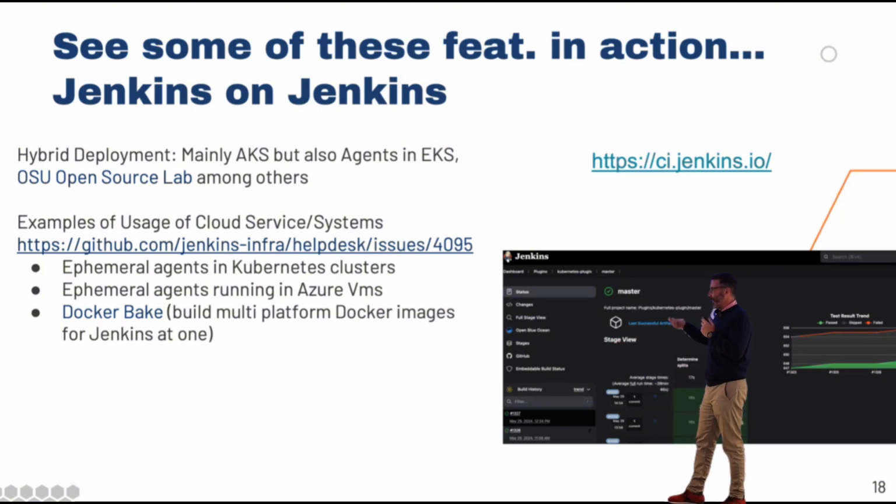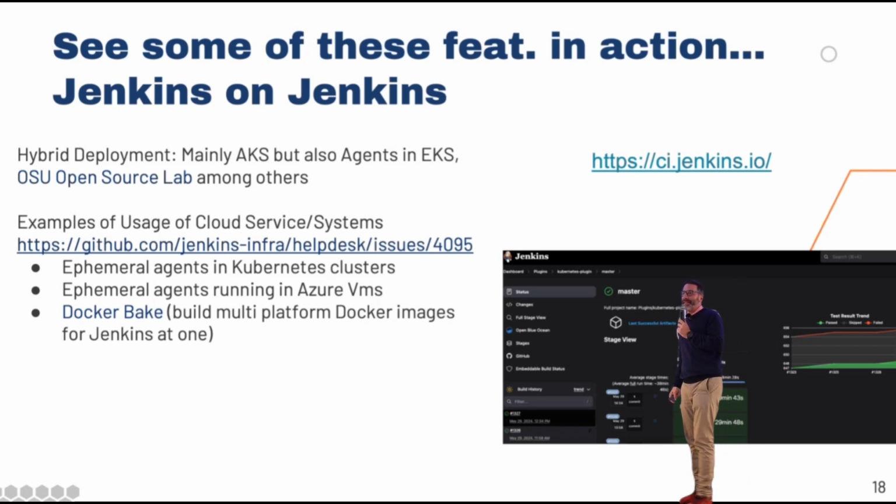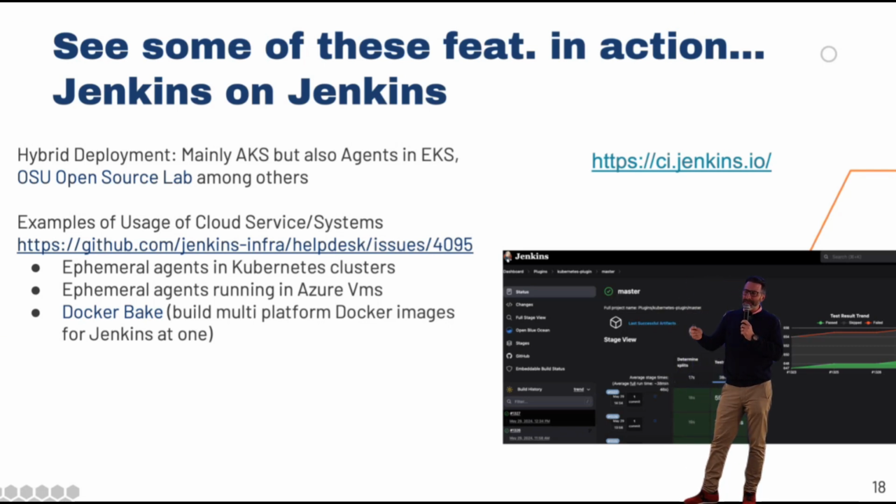At that time, I contacted the infra team. I opened the ticket that you see there and asked, can you give me some examples of interaction of Jenkins with the cloud?